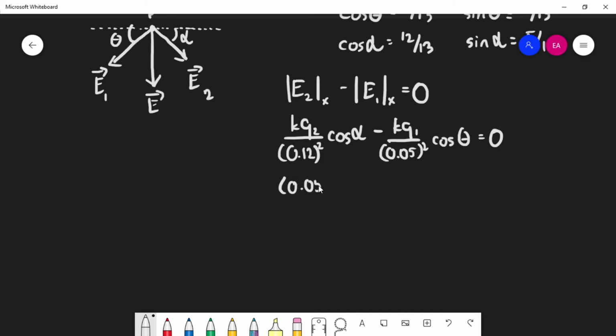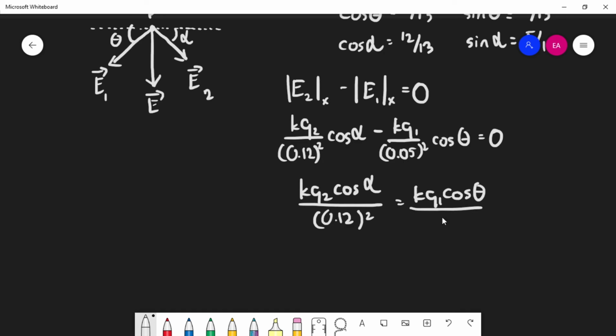Actually, no. What we could do is place kq1 cosine theta over 0.05 squared on the other side. We'll get kq2 cosine alpha over 0.12 squared equals kq1 cosine theta all over 0.05 squared. We could now cancel the k's because it's a constant anyway.